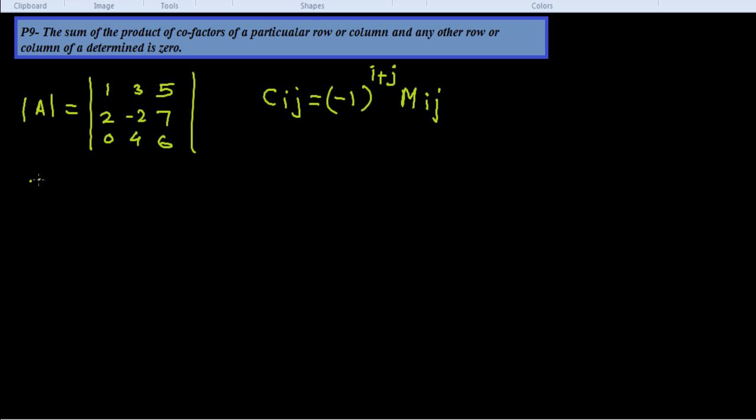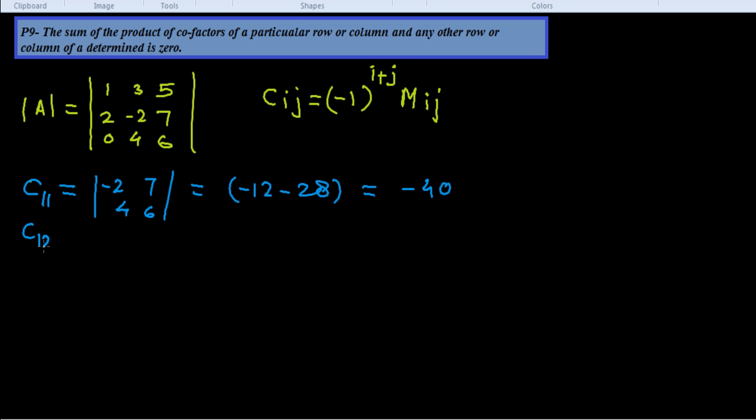Now we see C11. Leaving first column and first row we get minus 2, 7, 4, 6, which is equal to minus 12 minus 28, which is equal to minus 40.